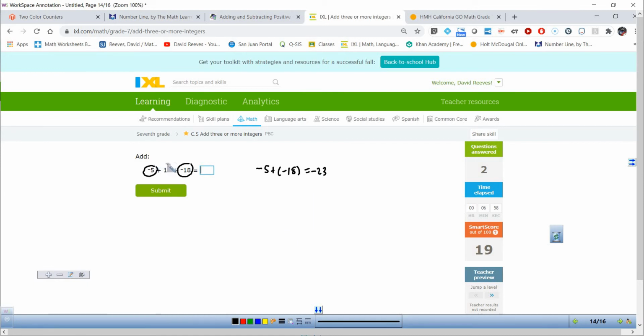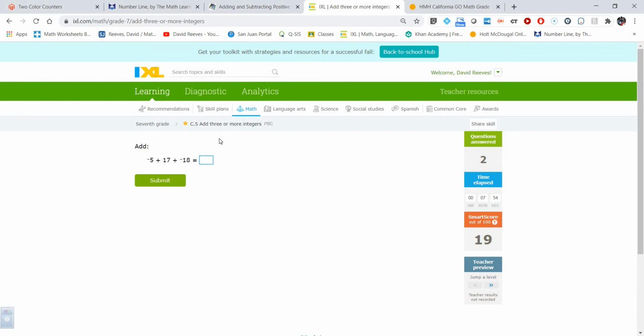So those two together I've added, and now I'm going to add that positive 17. What do I have more of, more negatives or more positives? I got more negatives. How many more negatives do I have? Then again, it turns into a subtraction problem. 23 minus 17. We're going to have to borrow here. 13 minus 7 is 6. So the answer we get is a negative 6.